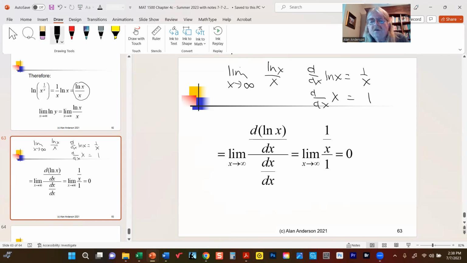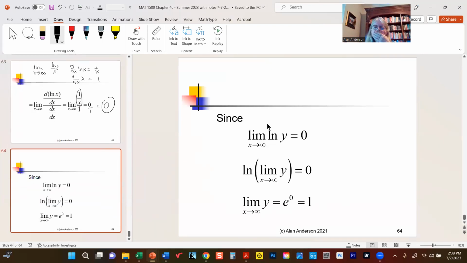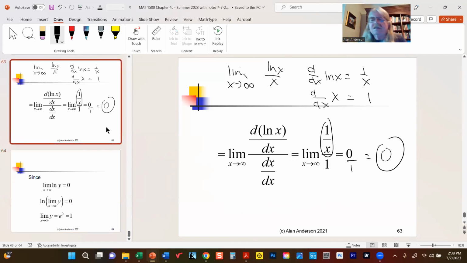So we end up with 1 over x over 1. And of course, as you take the limit as x goes to infinity, this goes to 0. And we end up with 0 over 1, which is 0. Now, because that was the log of y, the log of that brings us back to the log of x, which is 1. So in other words, think of this as the log of y equals 0, so y must be 1.